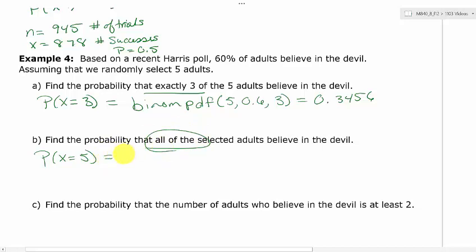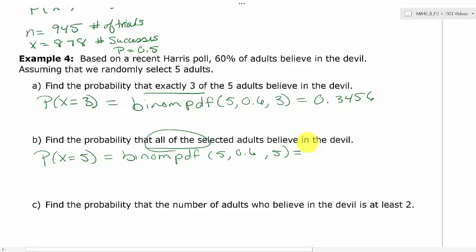So on your calculator, that would be binom, again this is PDF, because we want exactly 5, all of them. So 5 comma 0.6 comma 5. So again, on your calculator, you're going to want to push second vars to bring up the distribution menu, and then scroll down until you find binom PDF.